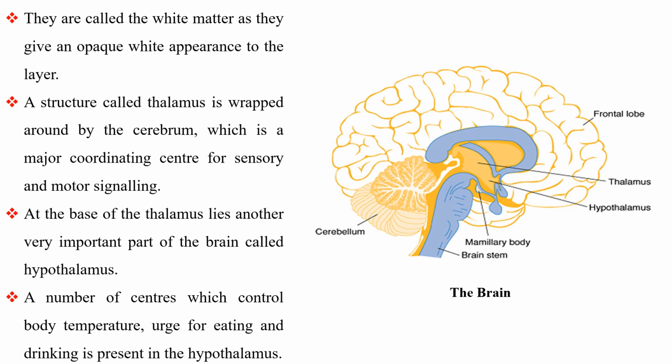A structure called thalamus is wrapped around by the cerebrum, which is a major coordinating center for sensory and motor signaling. At the base of the thalamus lies another very important part of the brain called hypothalamus. A number of centers which control body temperature, urge for eating and drinking are present in the hypothalamus.